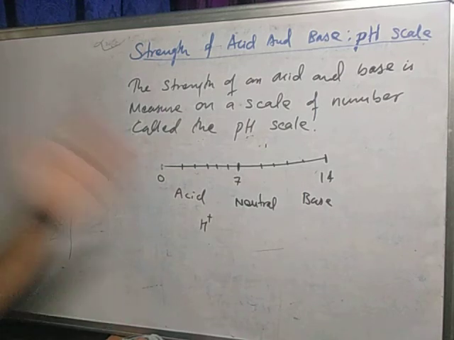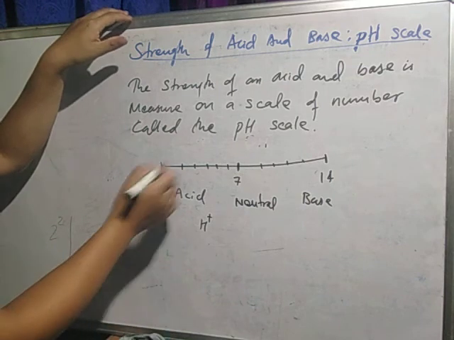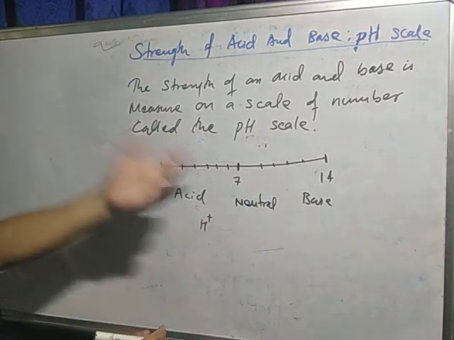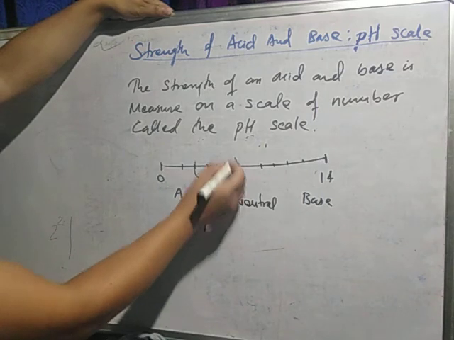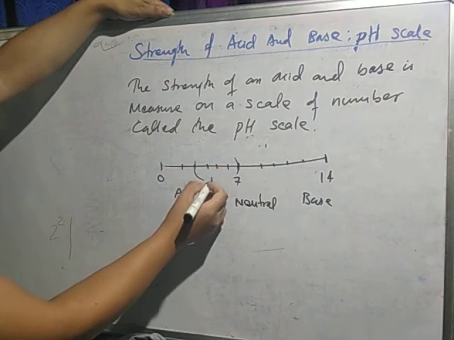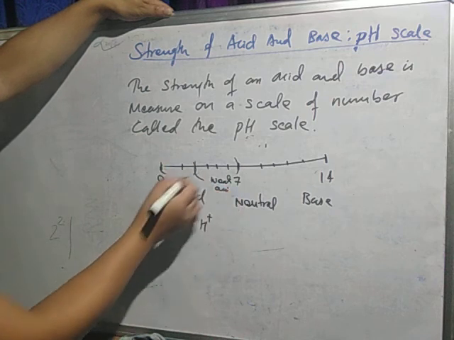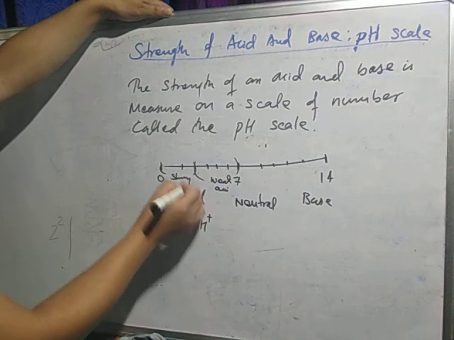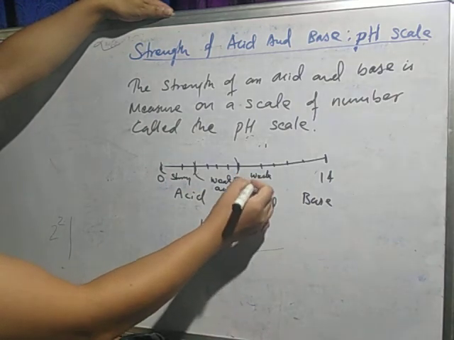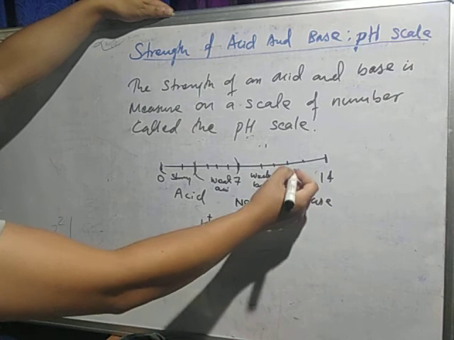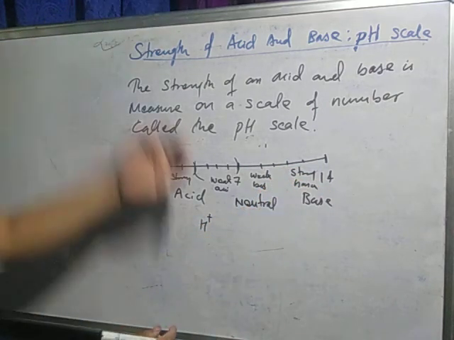So hope you understood. pH scale is just a scale which contains 0 to 14 numbers. It's a number, isn't it? And see, around this you have weak acid, and around this you have strong acid, and around this you have weak base, and around there you have strong base. Okay, so in your book also it is there.